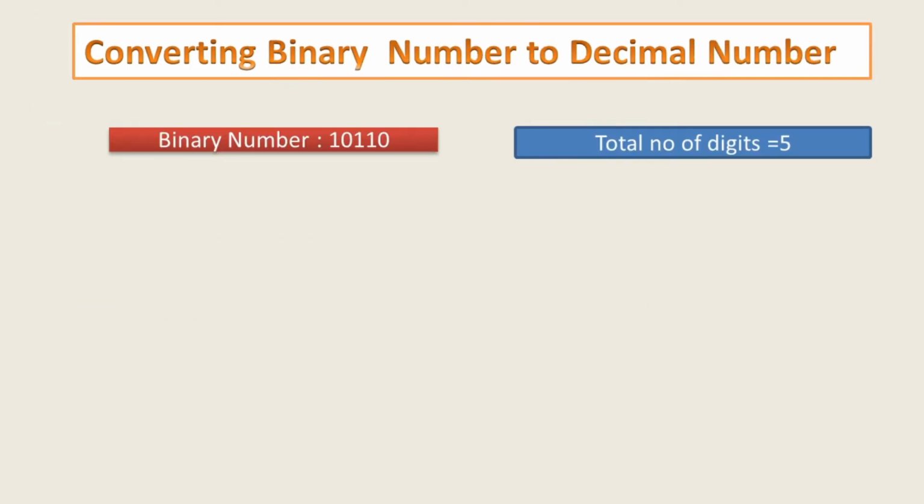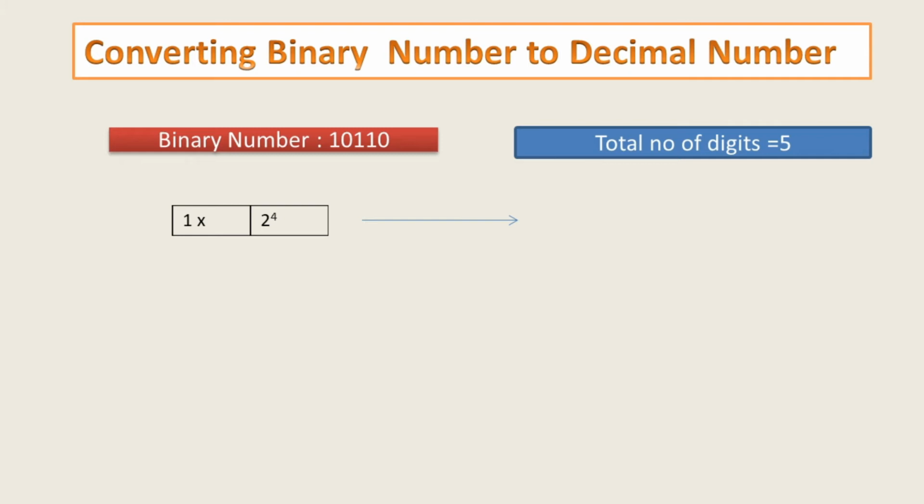Now I will show you how to convert a binary number to a decimal number. Let us consider the binary number 10110. There are a total of 5 digits in the binary number 10110.